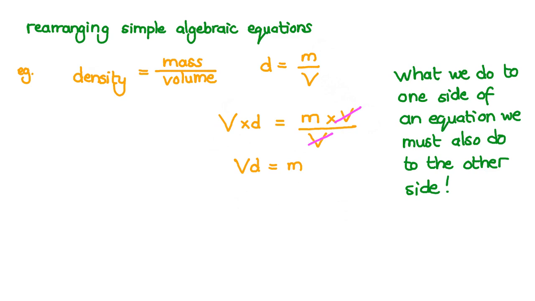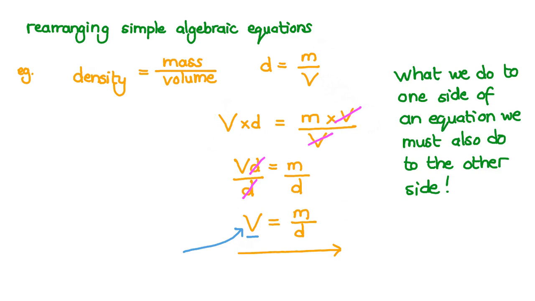Volume is no longer in the denominator, but it is still not by itself. To get rid of the D on the left-hand side, we divide both sides by density. These two densities can cancel, and we get volume by itself equals mass divided by density.